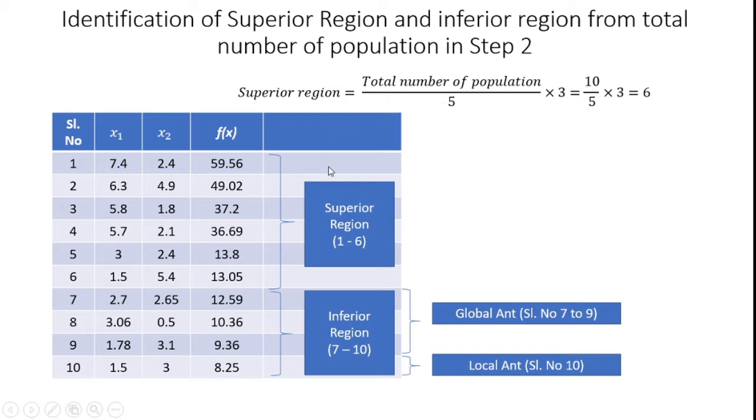According to this problem, my assumption is that the total number of population is 10, so I substitute the value 10 here. 10 divided by 5 into 3 is equal to 6. So, according to these 10 populations, the first 6 are the superior region. The balance 4 serial numbers are in the inferior region. This is also happening in the second step.